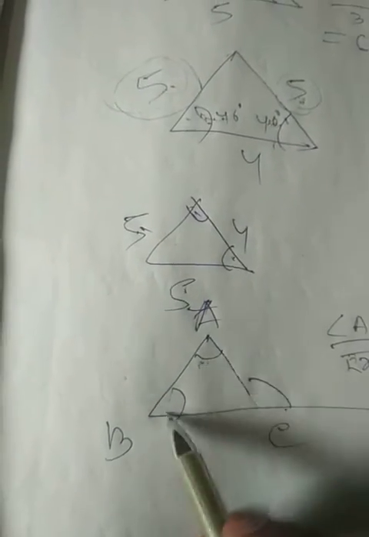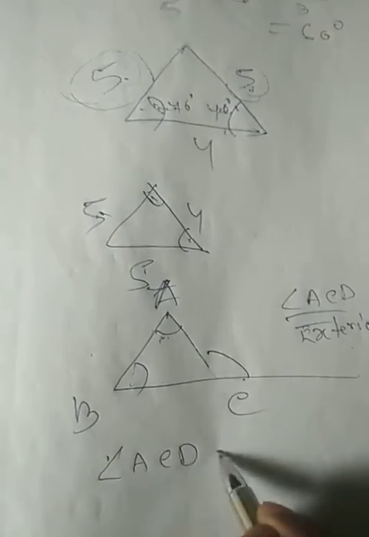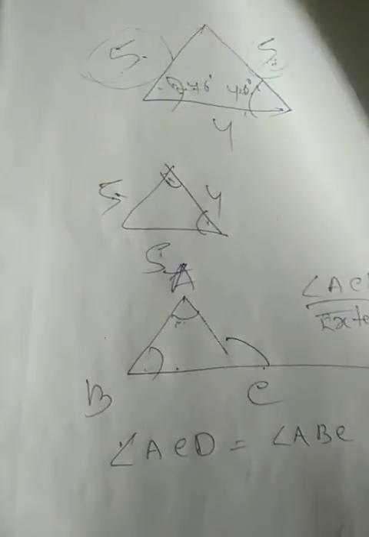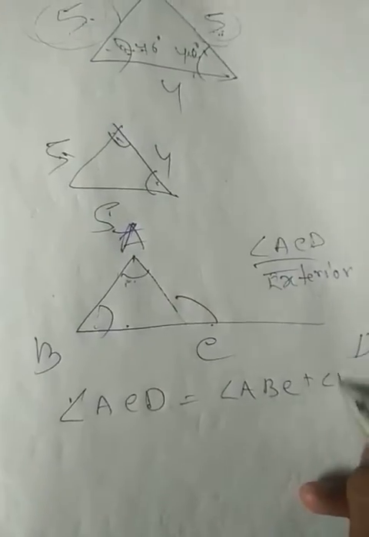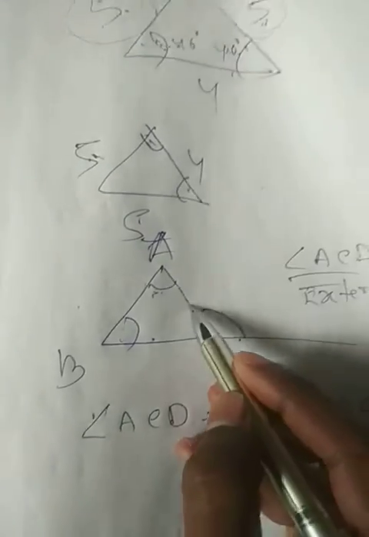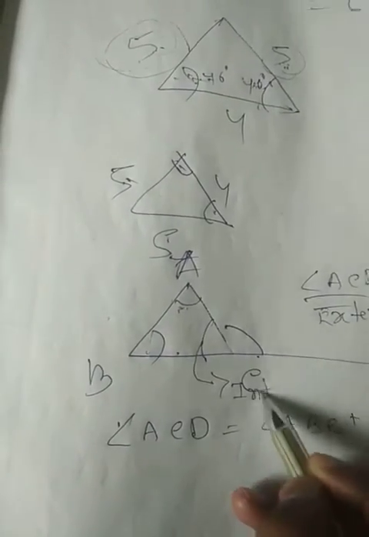Opposite angle means the farthest angle. That means angle ACD is equal to angle ABC plus angle BAC. And this one is known as interior adjacent angle.